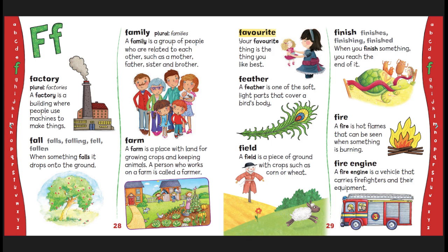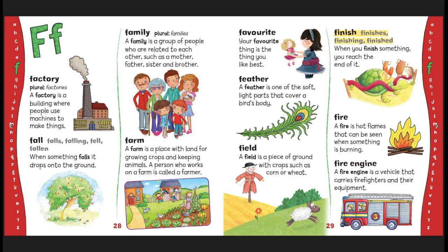Favorite. Your favorite thing is the thing you like best. Feather. A feather is one of the soft, light parts that cover a bird's body. Field. A field is a piece of ground with crops such as corn or wheat. Finish.